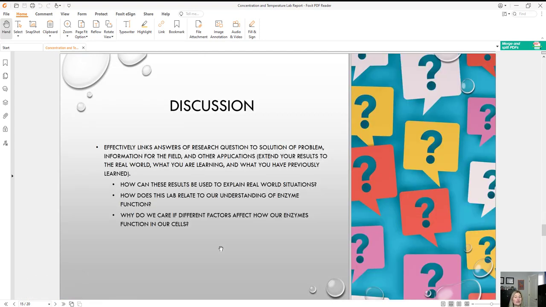And then in addition to explaining the results, we're going to link our answers to the research question to solutions, problems, information from the field, and other applications. So now that we know that potato enzyme is affected by temperature, pH, changes in enzyme concentration, and changes in substrate concentration, how can we use this to explain real world situations?